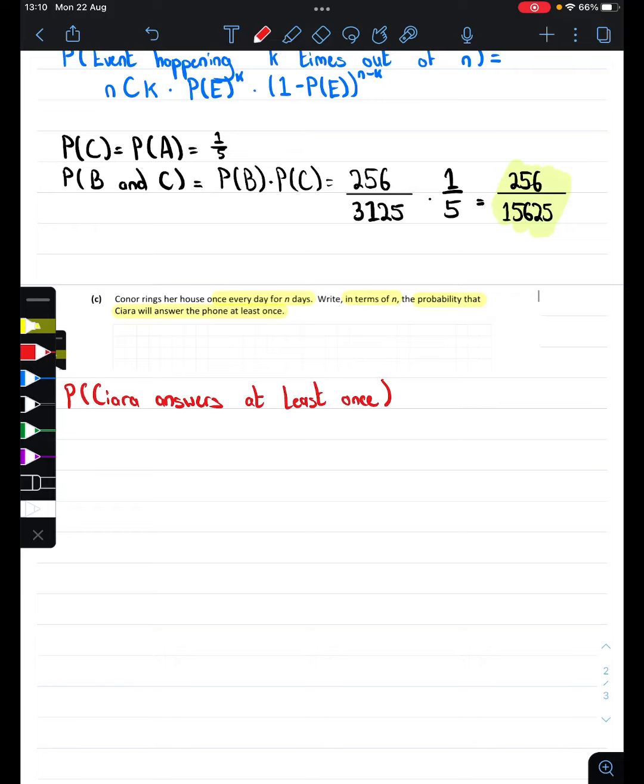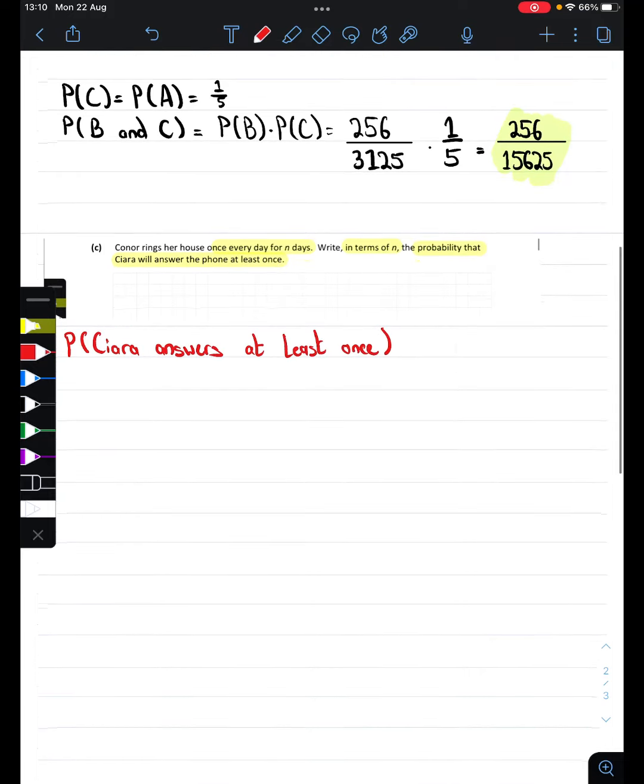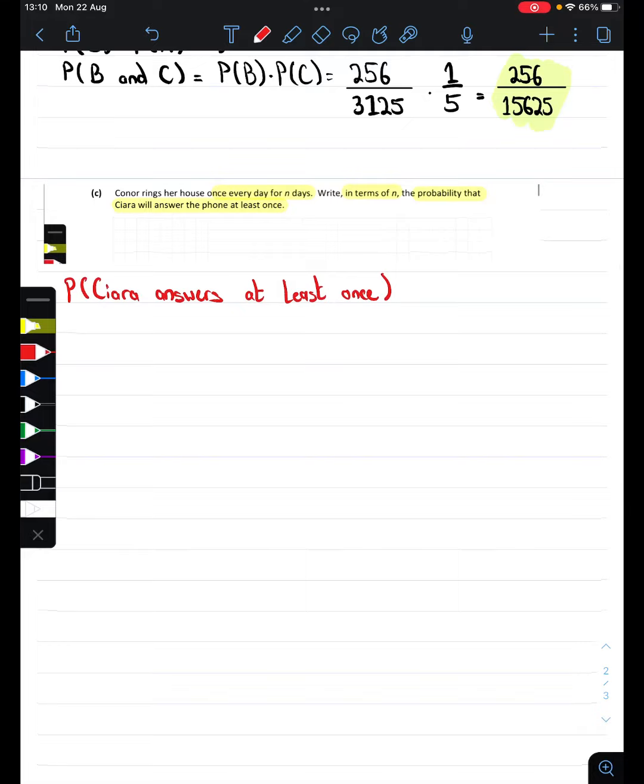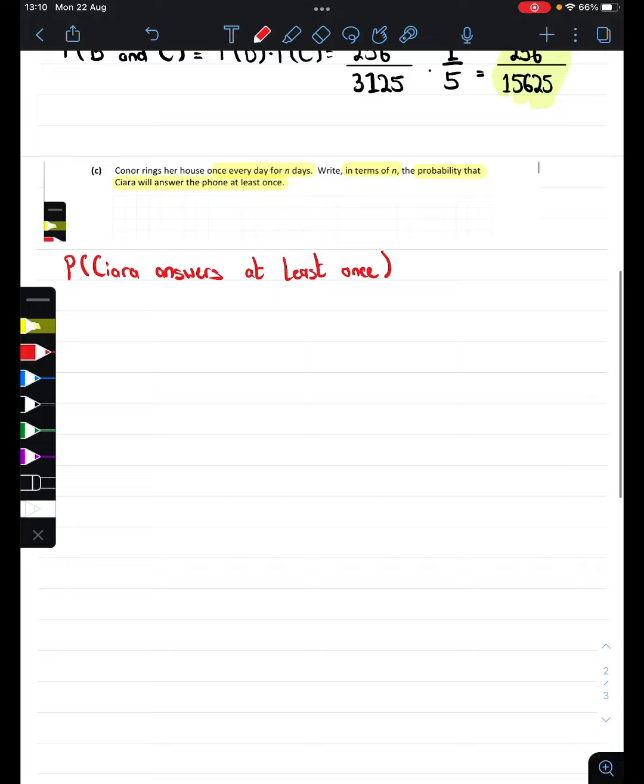Okay, and now there's sort of a trick often when you're asked the probability of something happening at least once. I mean, you could add up, so you could look at the probability that she answers once, the probability that she answers twice, the probability that she answers 3 times, so on and so forth, up to the probability that she answers n times. But that's a lot of work and it's not very efficient.